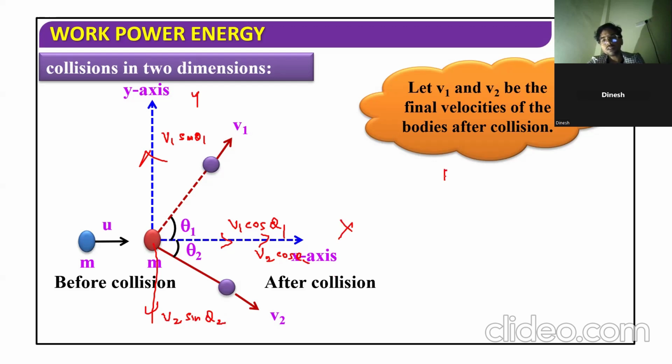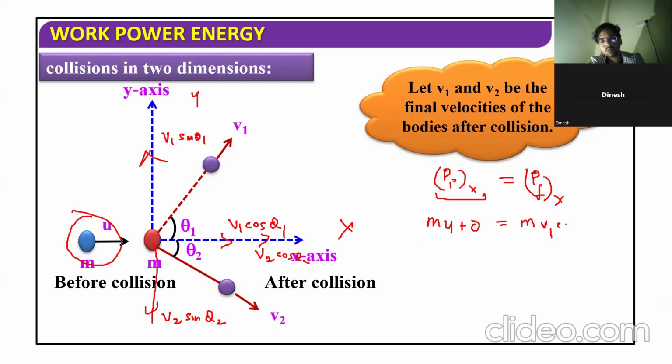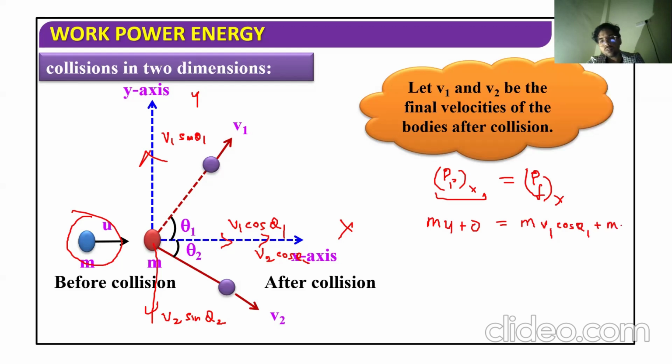Initial momentum along the x-axis equals final momentum along the x-axis. Initial momentum along x direction, it is having 0 after this. Both are clear. M V1 cos theta 1 plus M V2.